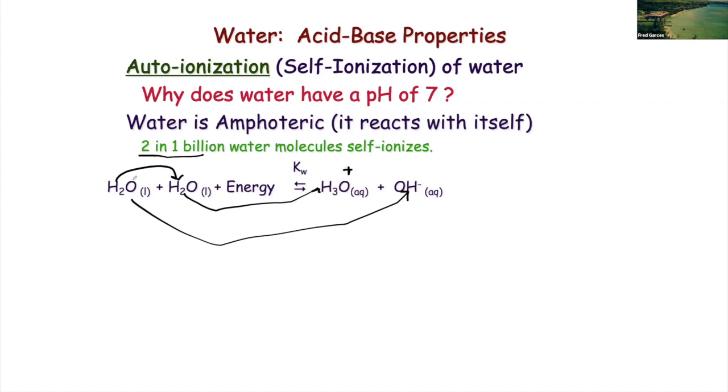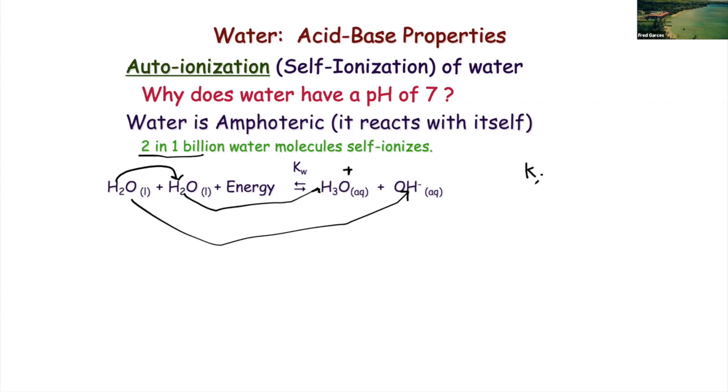Because 2 in 1 billion does this reaction, what do you think the K equilibrium should be for this particular reaction? Do you think it's very efficient, or do you think it's very inefficient? If you say that it's very inefficient because only 2 in 1 billion does this, then you're right.